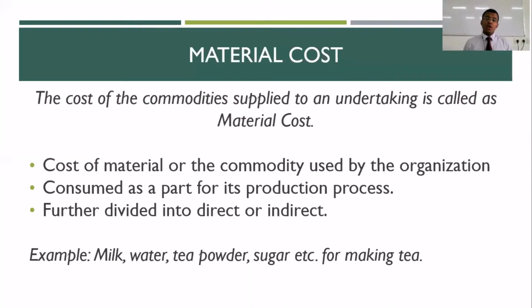So material cost refers to the cost of material which is consumed as a part of your production process, which is used by an organization. Any organization that you pick up may need some kind of material. If you go to a complex production activity like manufacturing of automobiles, different varieties of raw material may be needed.